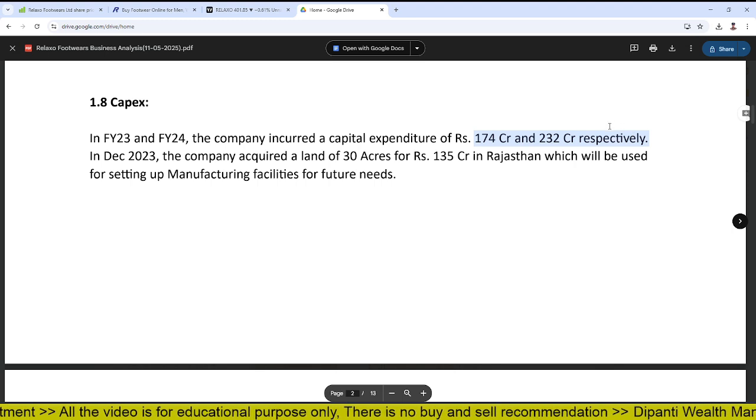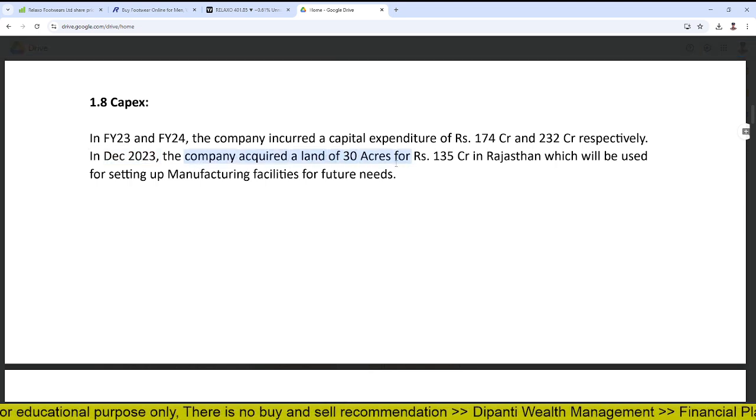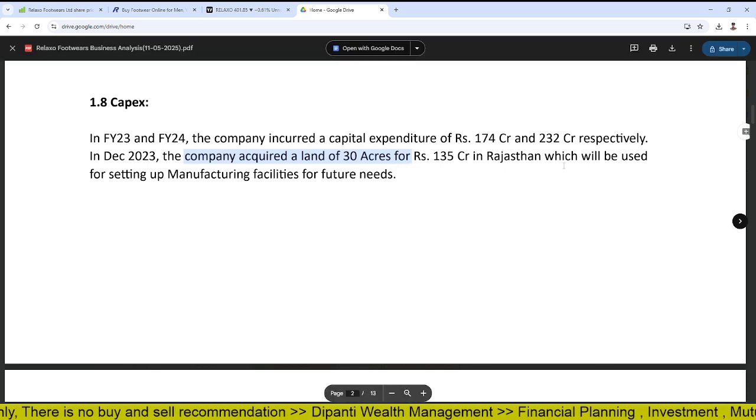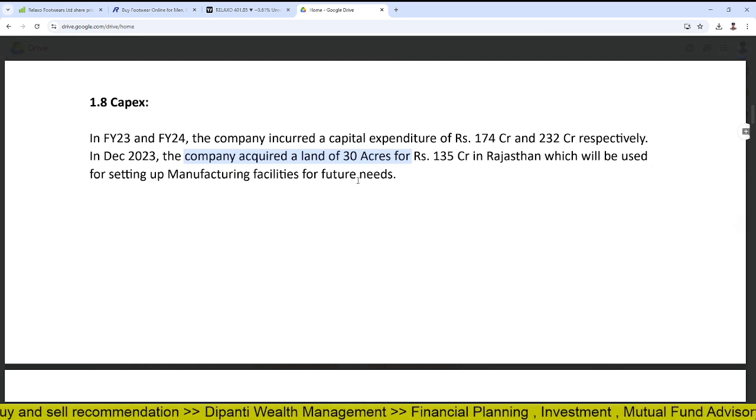In December 23 the company acquired 30 acres of land for rupees 135 CR in Rajasthan, which will be used for setting up manufacturing facilities for future needs. So for capex purposes the company's expenditure was increased.